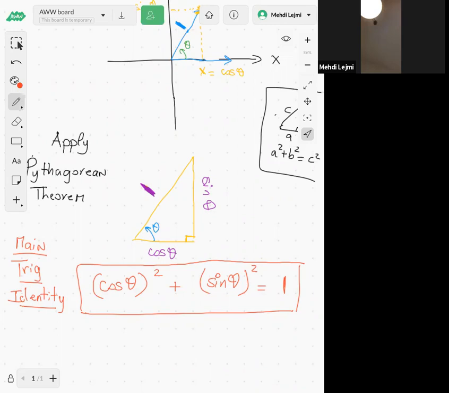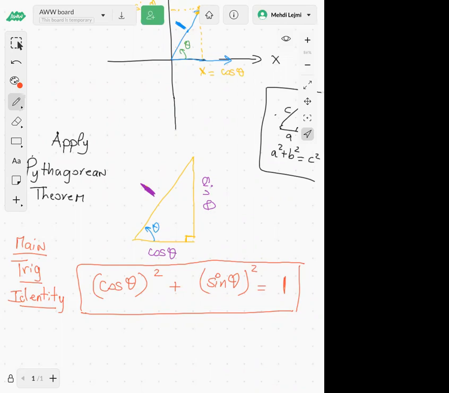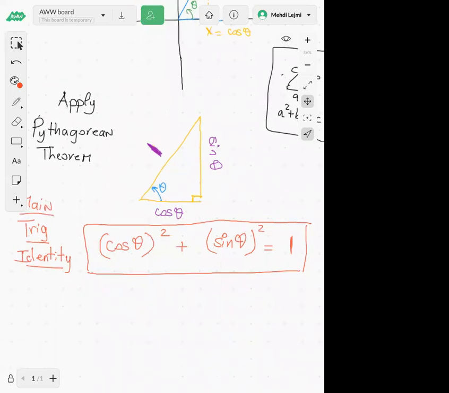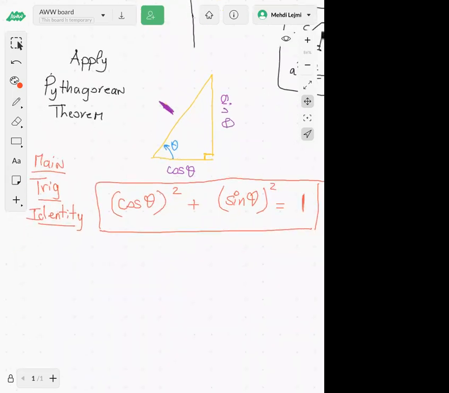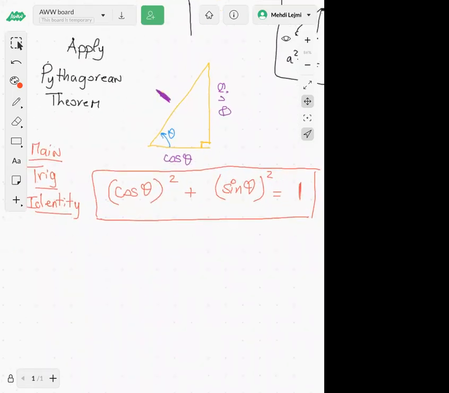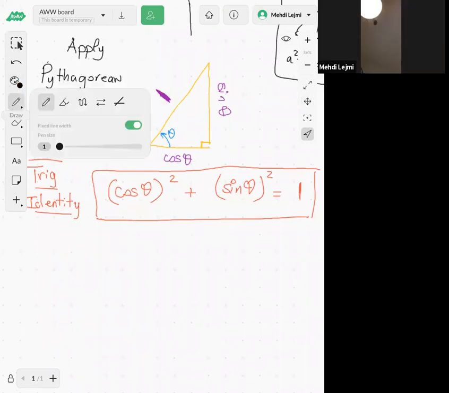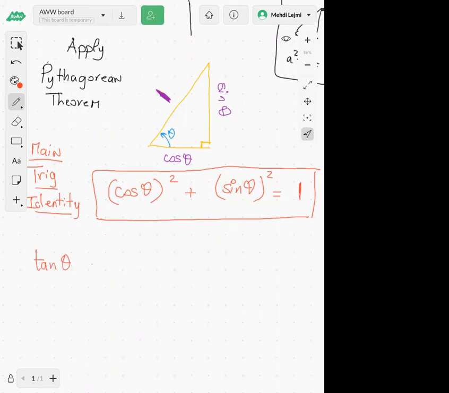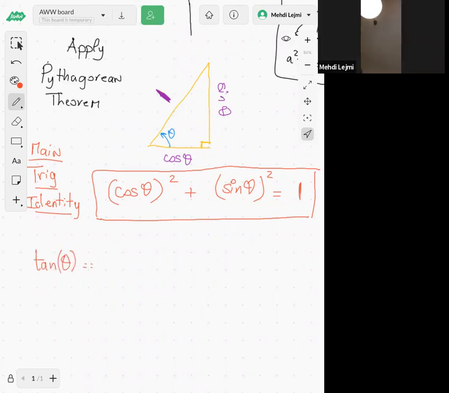Okay, that's actually a good point, because that's the next thing we're going to do. For the definition of tangent, tangent of the angle theta is by definition sine of theta over cosine of theta.